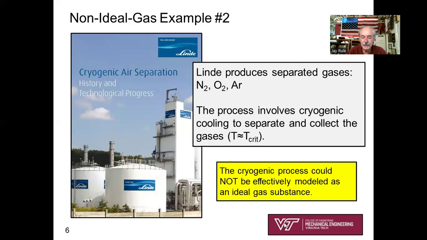I'm going to suggest that the cryogenic process that Linde uses could not be effectively modeled as an ideal gas substance. Okay, I hope you get the idea. The process involves cryogenic cooling to very cold, which turns out to be close to the critical temperature, a low temperature.